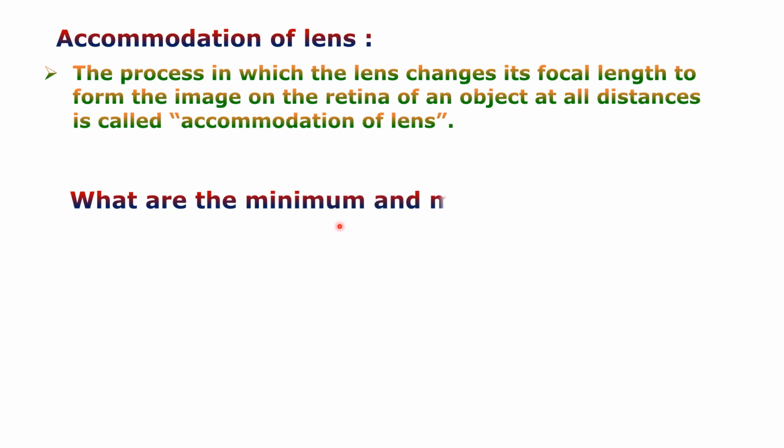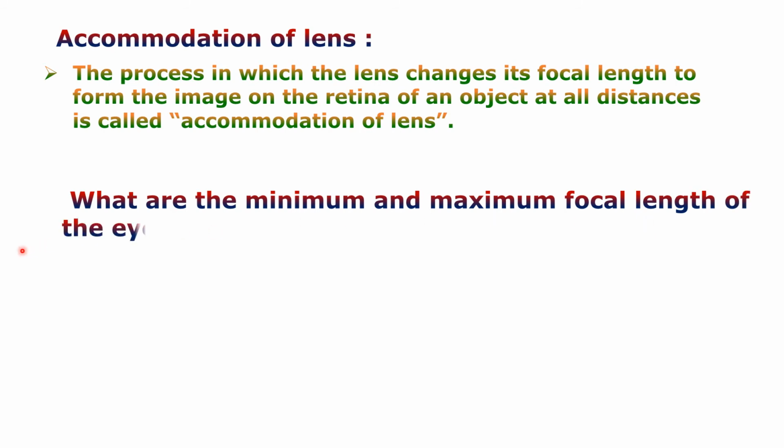The eye lens will have the minimum focal length in viewing the nearby objects, and it will have the maximum focal length in viewing the farther or distant objects. Let us calculate the minimum and maximum focal length of the eye lens. Let us derive it.